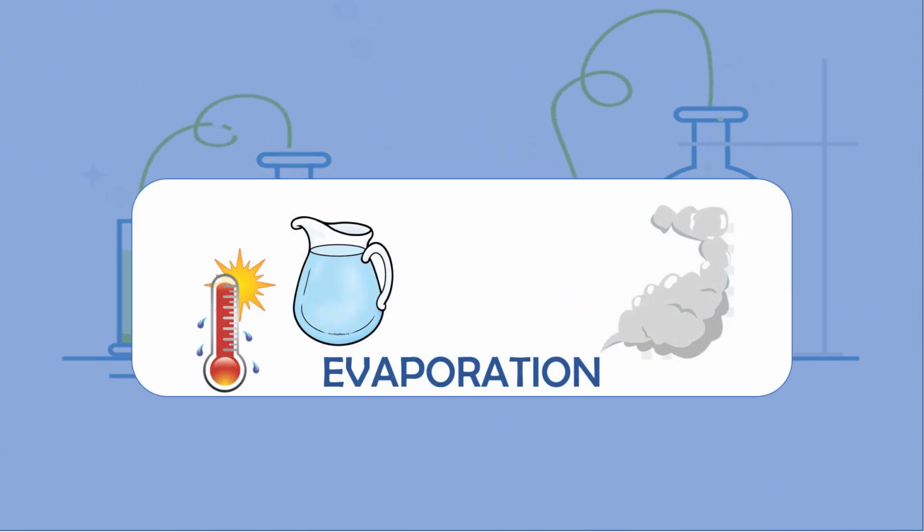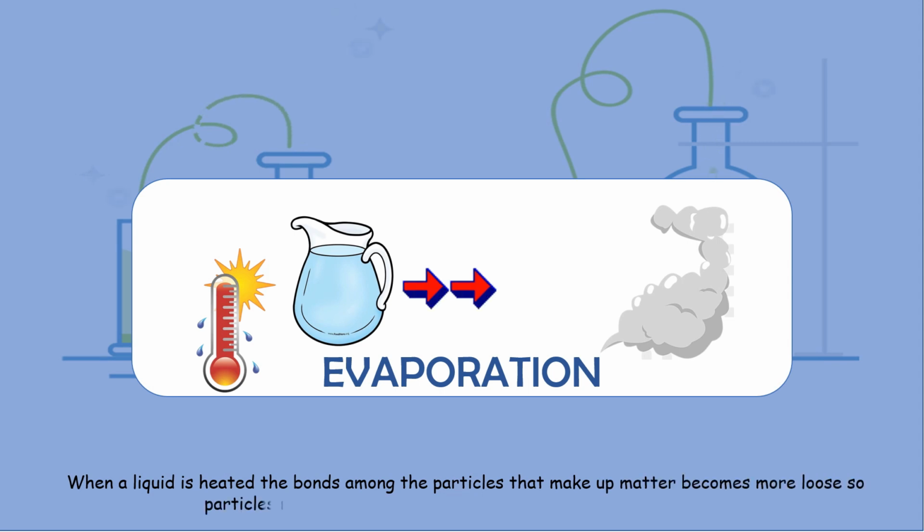From liquid to gas, we call it evaporation. When a liquid is heated, the bonds among the particles that make up matter become looser, so particles move around freely. This process is called evaporation.